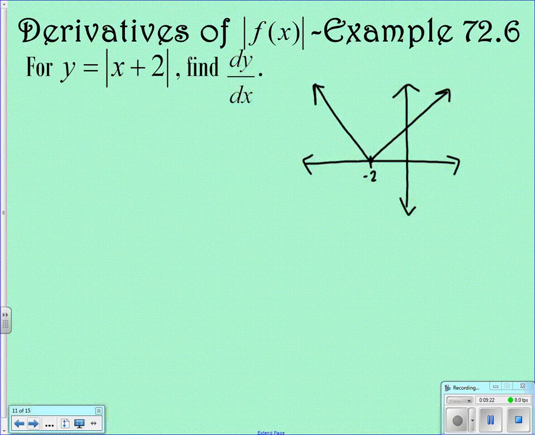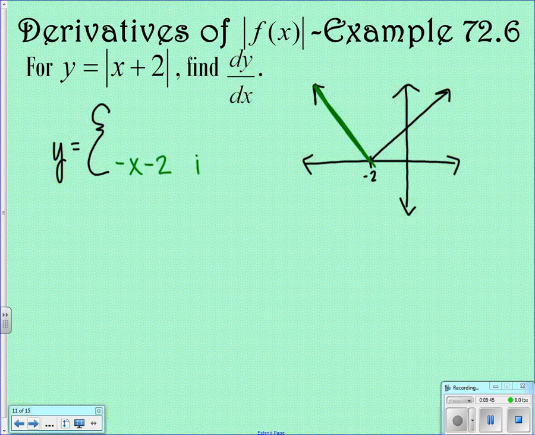And we can set this up using 3 pieces. I'm going to color them so that you can see them a little bit better. We've got this one here, which is the equation of the line -x minus 2.